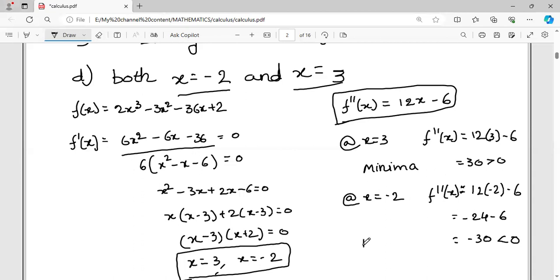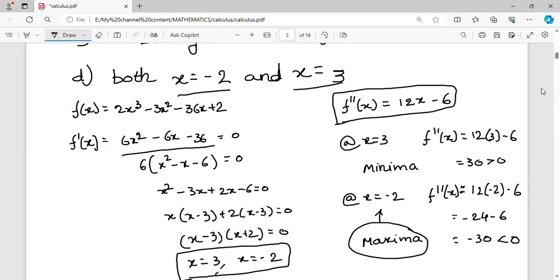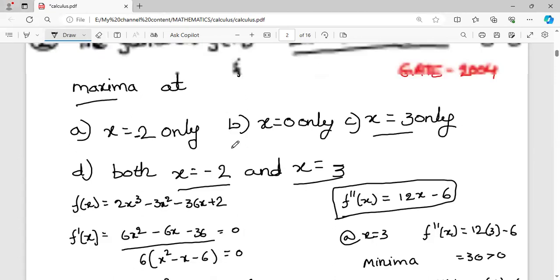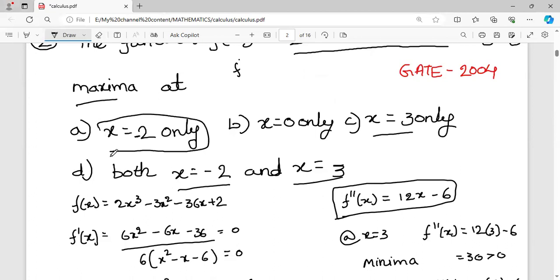Less than 0 means take it as the maxima. So the given function f of x is maximum at x equal to minus 2 only. So this is the answer. At x equal to minus 2 only, the given function is the maximum.